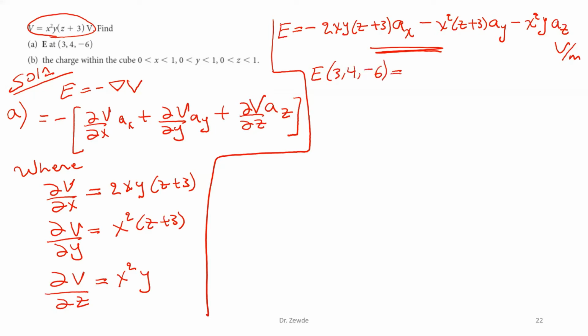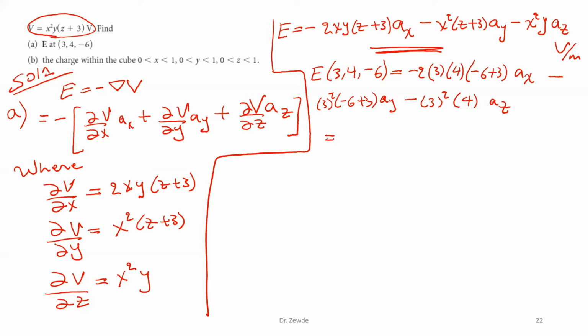So at this specific point, this is minus 2 times 3 times 4 times minus 6 plus 3 along ax, minus 3 squared times (minus 6 plus 3) along ay, minus 3 squared times 4 az.